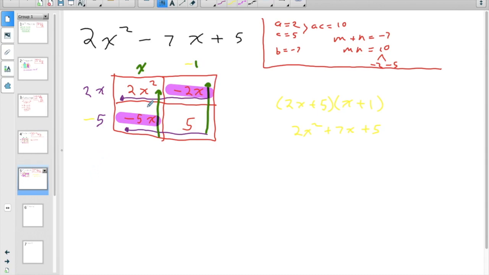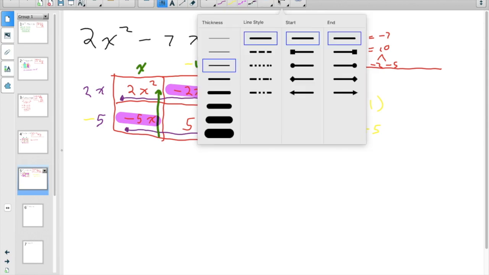So if the square that's touching a value is negative, the square beside it becomes negative, and vice versa.